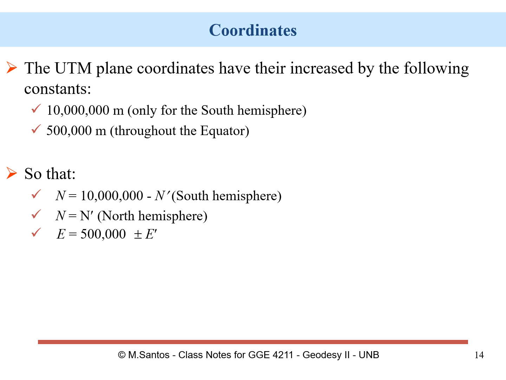And for the northern hemisphere, the value is going to be N equals N prime. Again, N prime is the distance from the equator to the point. For easting, it's going to be 500,000 plus or minus E prime, and E prime represents the distance between the central meridian and the point of interest.